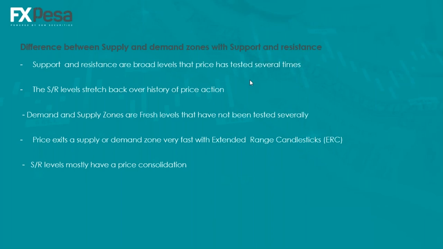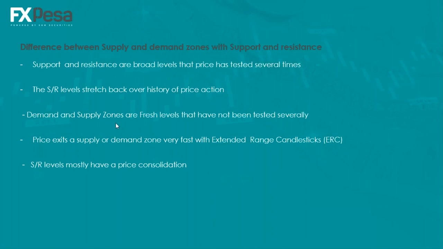Our intention is to look for areas where price makes huge rallies towards a particular direction. So our interest is to see candlesticks making a huge rally either to the upside or to the downside, and that is what would constitute a supply or demand zone.